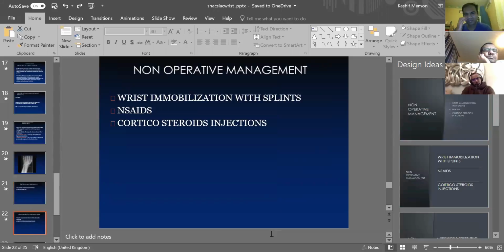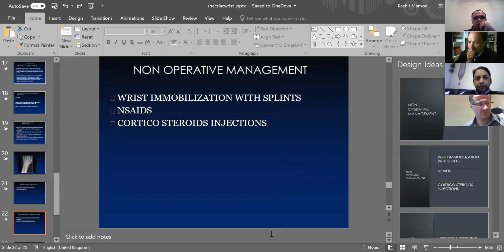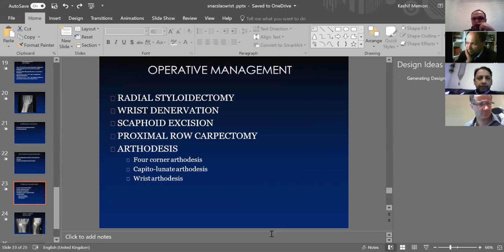And coming to the management of the SNAC wrist, again, it starts with do nothing, wrist immobilization with splints and NSAIDs. You can give some steroid injections.